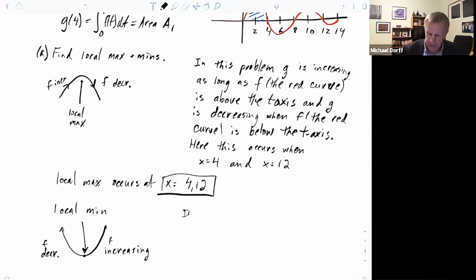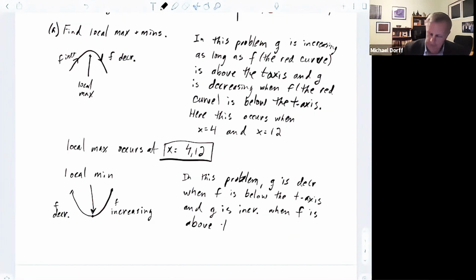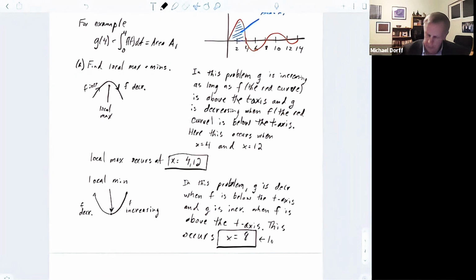And in this problem, g is decreasing, as we said before, when f is below the t-axis, and g is increasing when f is above the t-axis. So this occurs in this problem at x equals 8. So that's when I have a local min.